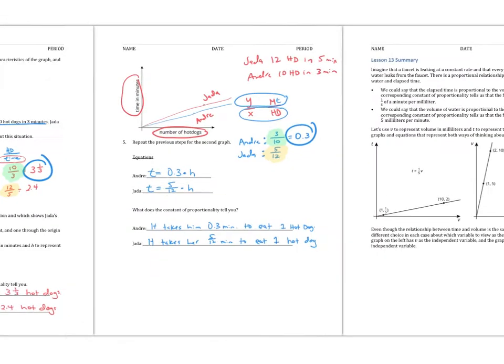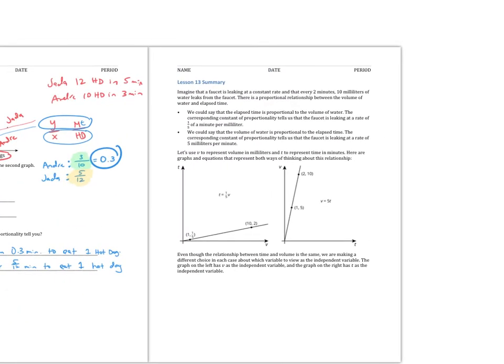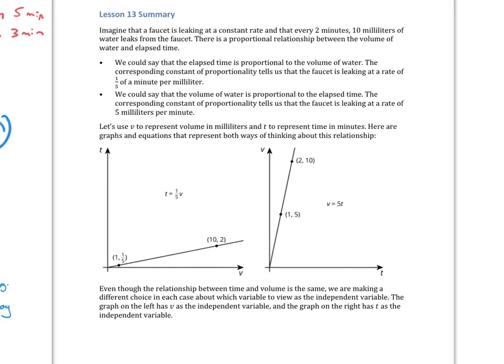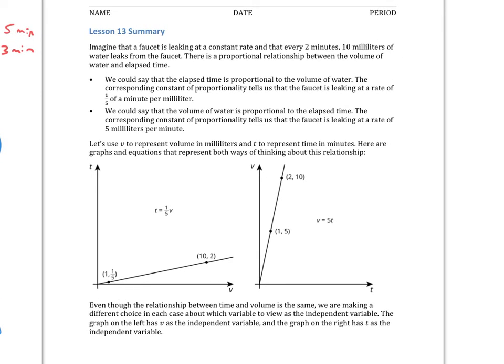So let's go ahead and take a look at the summary. In this summary, it says you have a leaking faucet, and it leaks at a constant rate of 2 minutes for 10 milliliters. So every 2 minutes, it leaks out 10 milliliters. It says there is a proportional relationship between the amount leaked and the time that has passed.